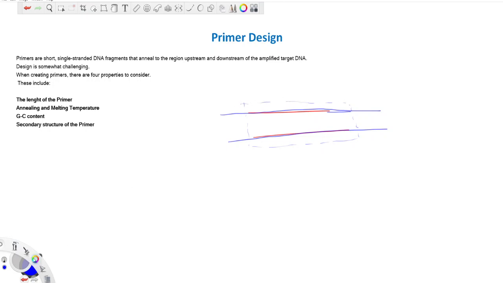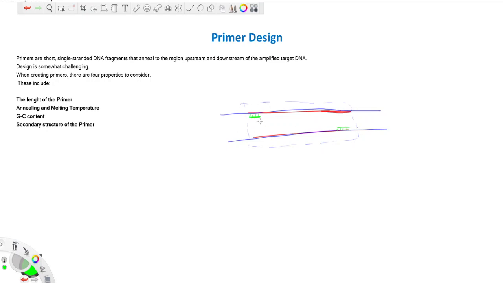red. Okay. So if this is a region that you want to amplify, or you want to have more copies of for a specific region, what you need in a PCR reaction, you need primers that are going to anneal or hybridize here upstream and here downstream of your target region.